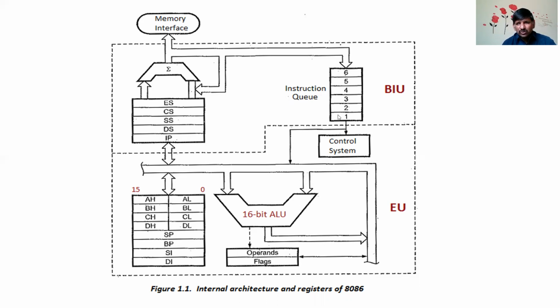Next, it goes to the decoding unit. After decoding the instruction, it goes to the timing and control unit, the control system. Here, based on the sequence of instructions or timing, it executes the corresponding instructions.